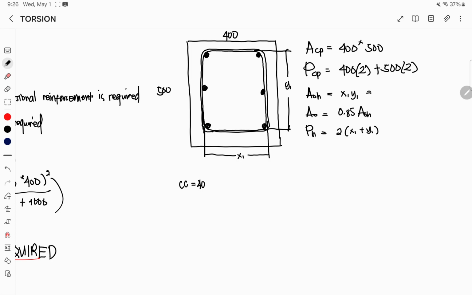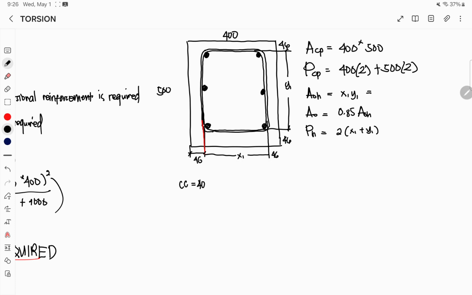Since we are measuring to the center, we only include half. So it is 40 plus 12 over 2, or 6, which is equal to 46. The same applies here.